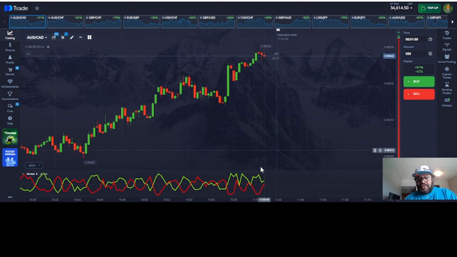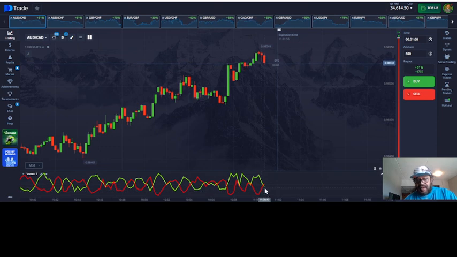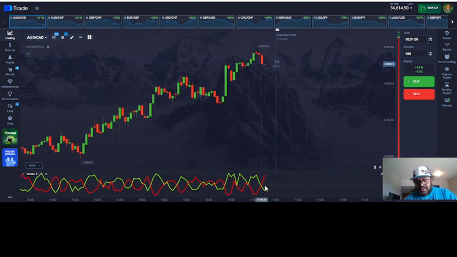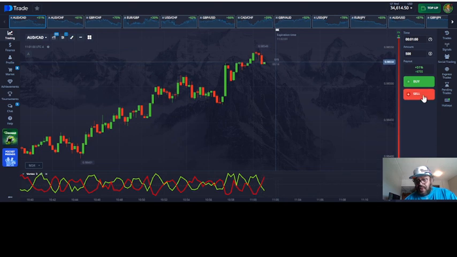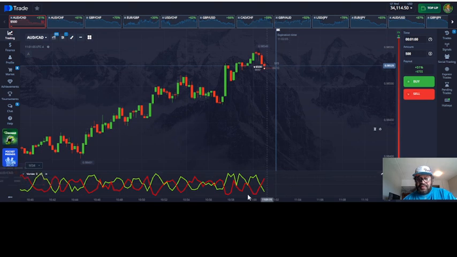So I'm going to wait for the cross of the vortex lines here. It's about to cross. There we go. Okay, so I just took a sell trade here.